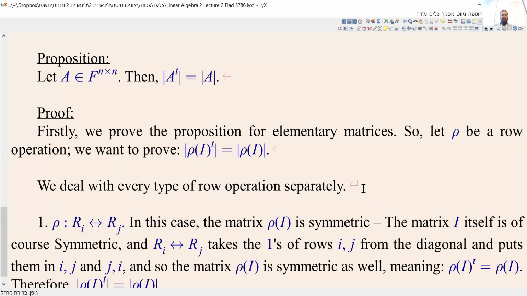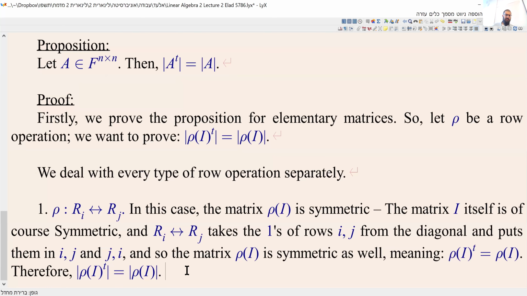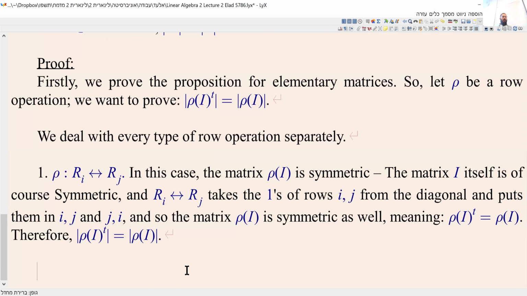Have some spaces, it will be easier to read afterwards. Whenever we finish, I'll make a PDF out of this and I'll send it to you.